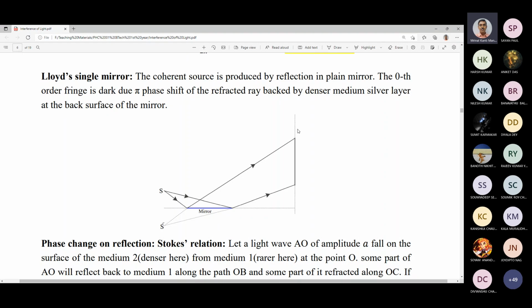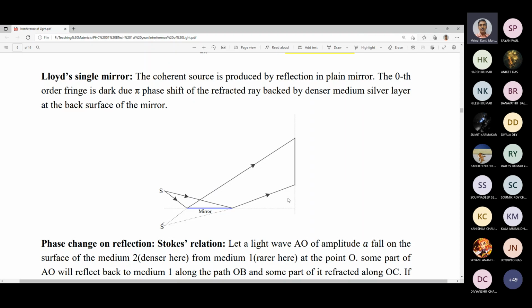If we consider any point on the screen where the interference pattern is produced, at that point the path of the direct beam is always less than the reflected beam. You know that the reflected path is always greater than the direct path. So in this situation, we can observe the interference pattern, but we cannot get the zero path difference.